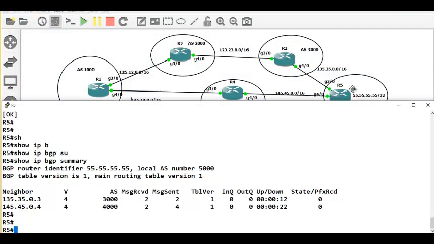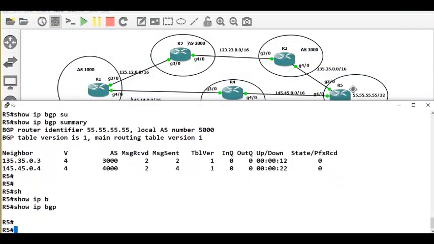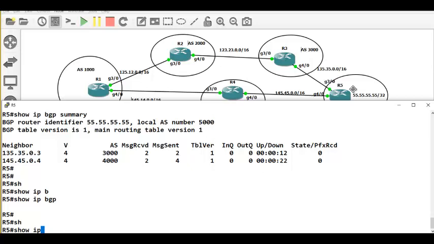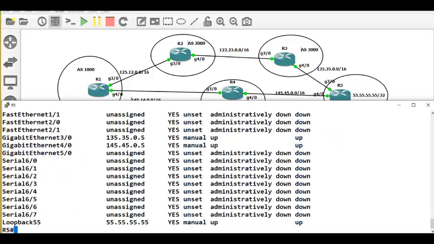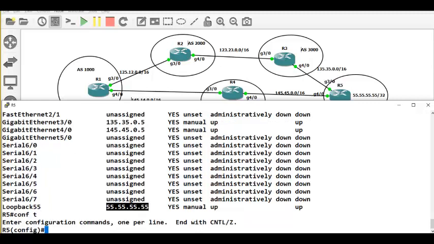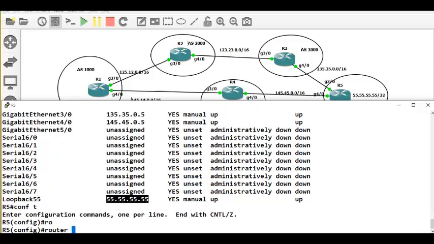Router 5 has got a loopback. See, show IP BGP, now it is not advertising anything nor learning. Show IP interface brief. You can see we got a loopback interface called 55.55.55.55 network. To advertise this network, router BGP 5000.